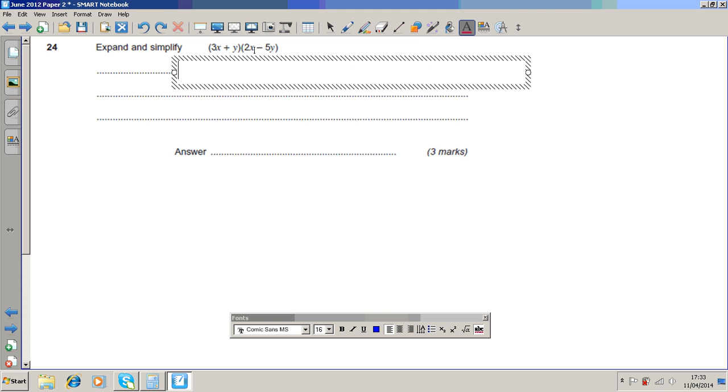So, 3x times 2x: 3 times 2 is 6, and x times x is x squared. Then 3x times minus 5y is minus 15xy. Then the middle one's y times 2x, that's 2xy, and the last one's y times minus 5y is minus 5y squared.